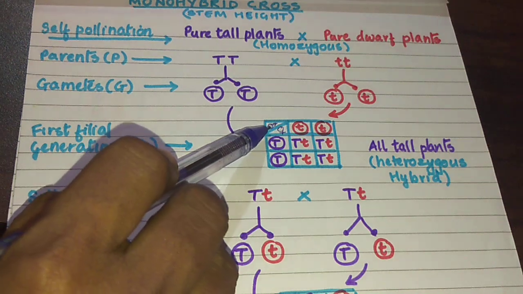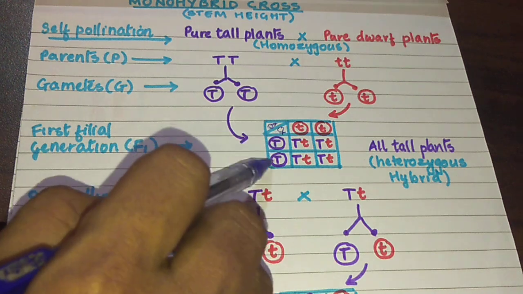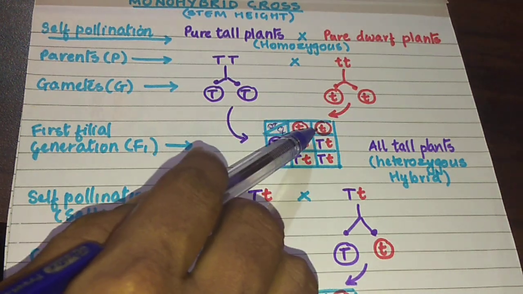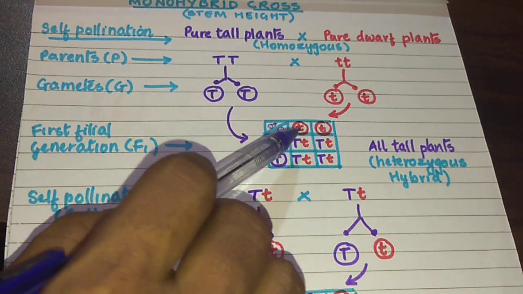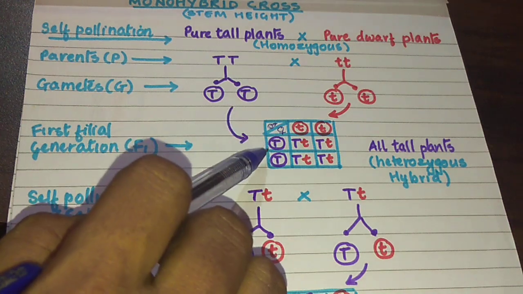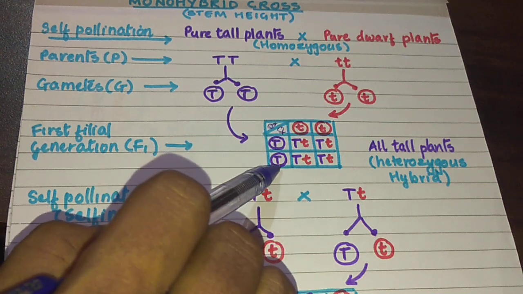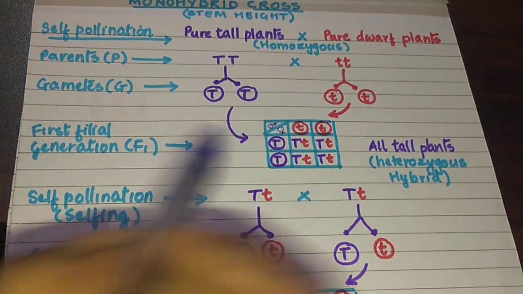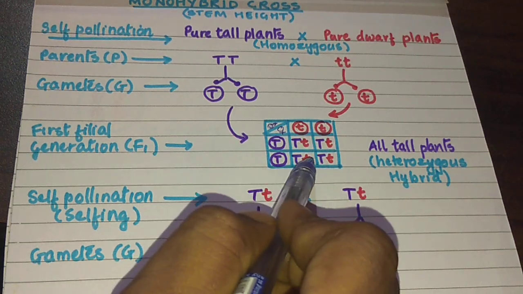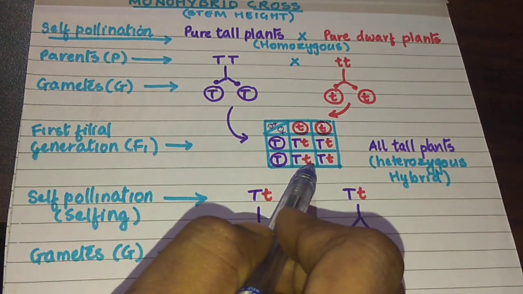We write the symbols indicating the gametes of one parent in the top row, and on the other side, the left hand side column, we write the gametes of the other parent, as shown in this picture. All the possible combinations of these gametes will be written in these squares, and we will come to know what types of plants are seen in the F1 generation.